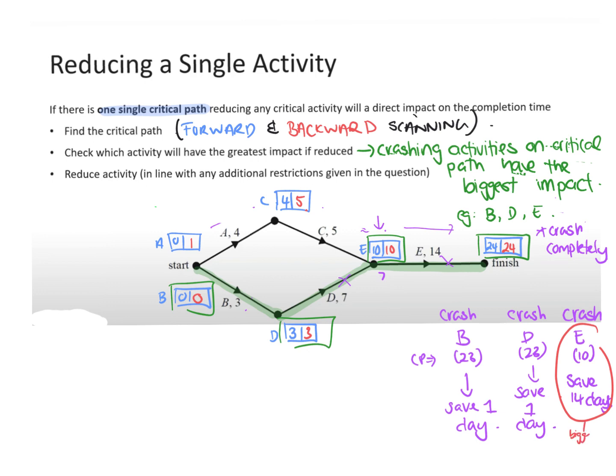If they asked you what would be the best single activity reduction, the biggest impact, if you got asked to crash one activity, and you've got no budget and no limits, you would say I'll crash E, and that will save us the most time.